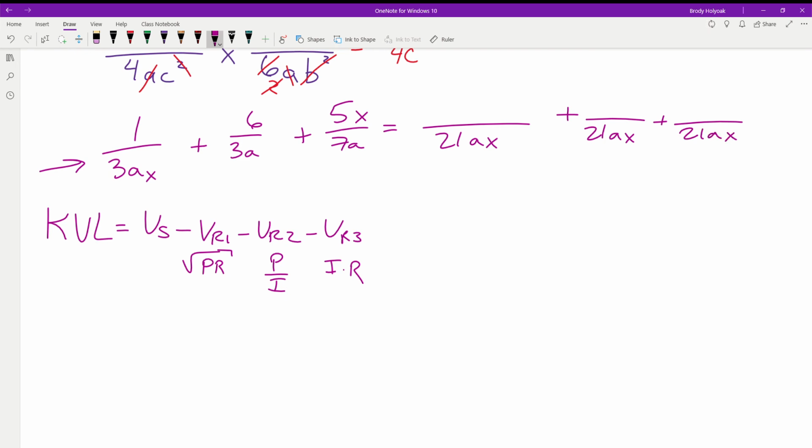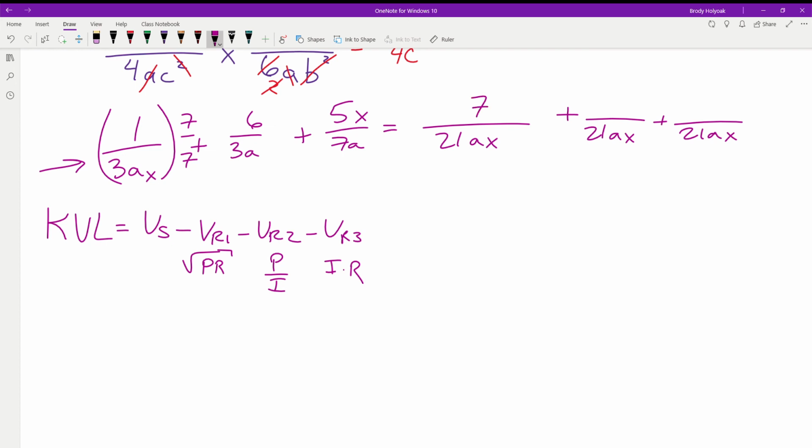So now how do we get there? This first one, what do we have to multiply it by to get the bottom to be 21ax? We need a 7. So we have to multiply this whole thing by 7 over 7. So that's going to convert this bottom to 21ax, and our top becomes 7.